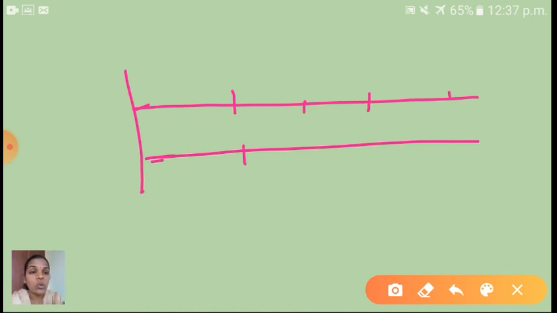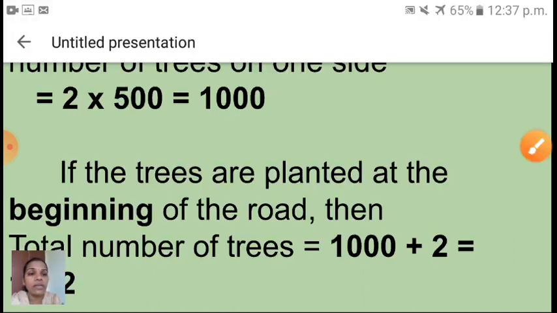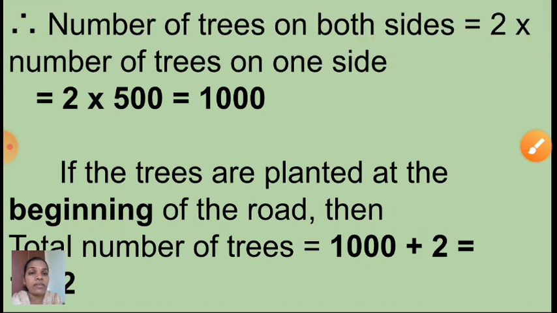Suppose like this also you can imagine, children. In case the trees are planted at the beginning of the road, that time the total number of trees will be increased. Isn't it children? 2 trees will increase. So 2 possibilities will come children, 2 answers will come for this question.